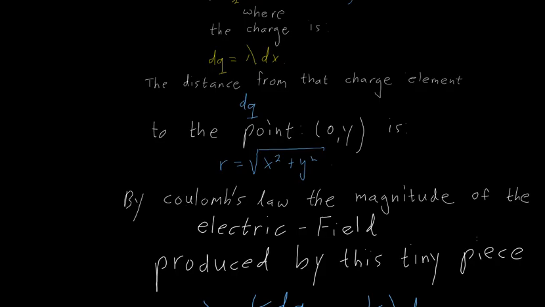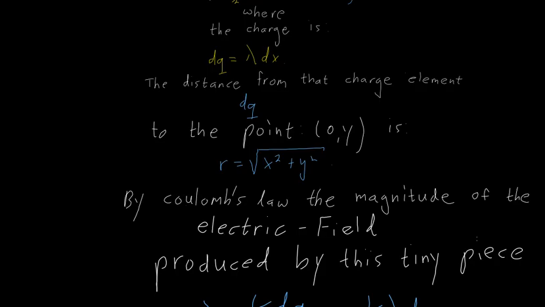Now, since we have that, by Coulomb's law, the magnitude of this field is going to produce something really interesting, this tiny piece. So we want to think of the magnitude of the electric field. Without the integral, let's think backwards. That means it has to be the differential electric field element, dE, and that is equal to Coulomb's constant times dq divided by r squared, which is k lambda dx all over x squared plus y squared.